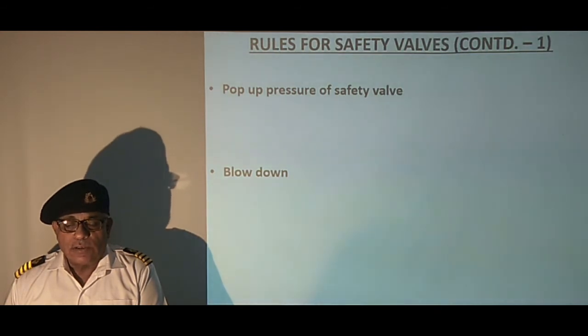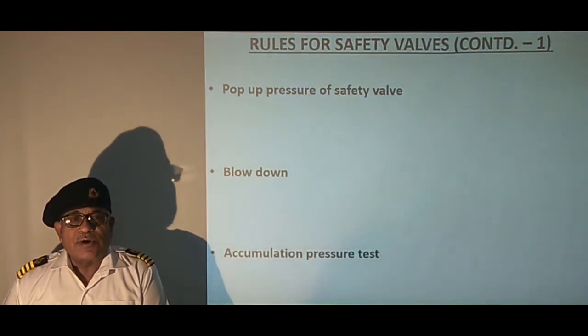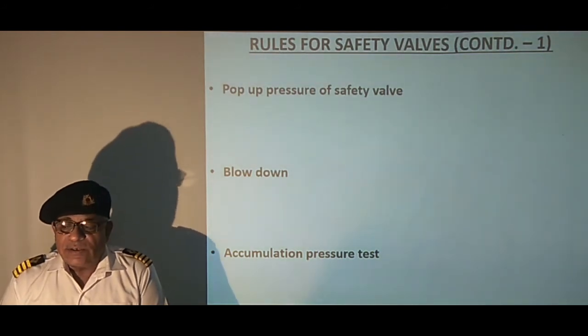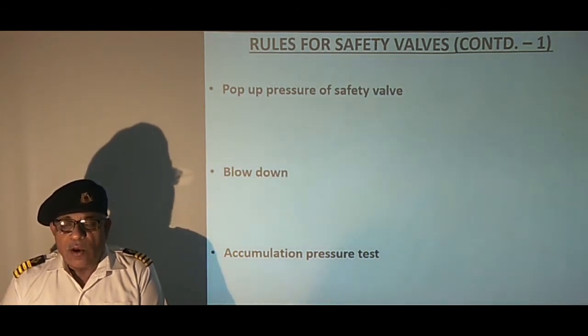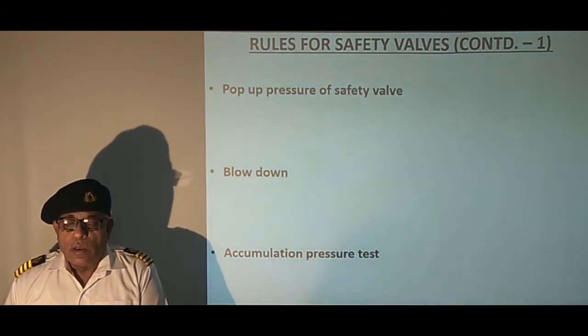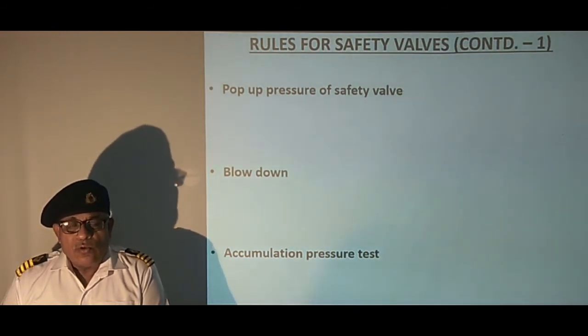The third is the accumulation pressure test. The purpose of the test is to ensure correct discharge capacity of the safety valve and it is carried out when the safety valve is new. How is it carried out?